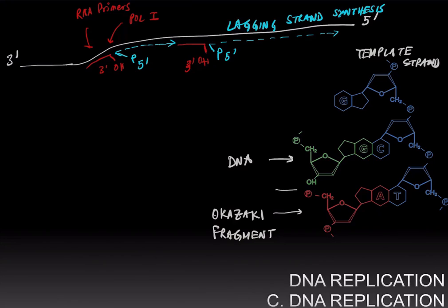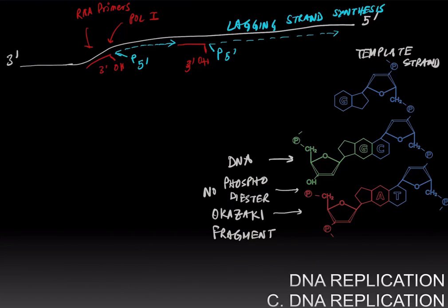And there is no phosphodiester bond between them. And when you have DNA where there is no phosphodiester bond on one of the strands, that's called a nick, and that situation is unstable and needs to be avoided.